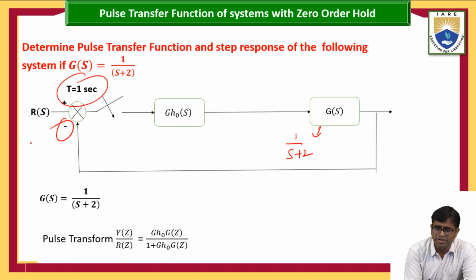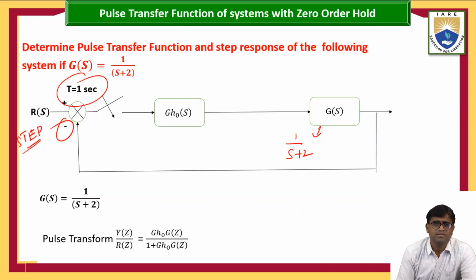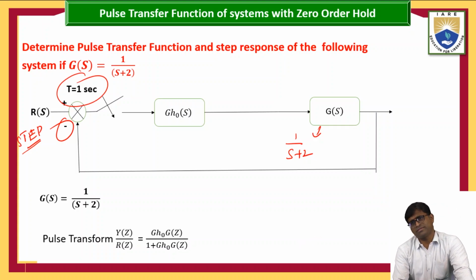Once again I am repeating. The input is a step response, the given time is T equal to 1 second, and the forward path function is represented as G of s. That value is 1 by s plus 2, with unity feedback, and that feedback is negative feedback.